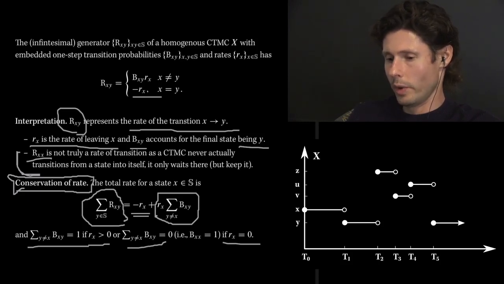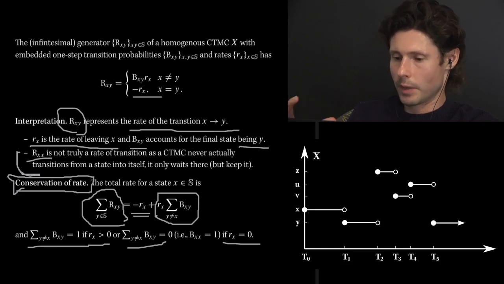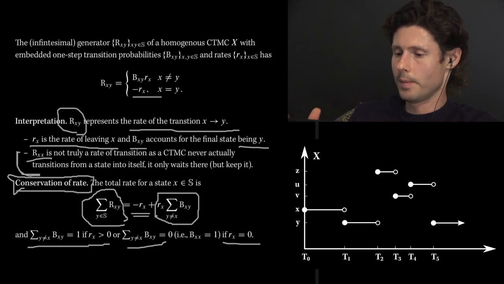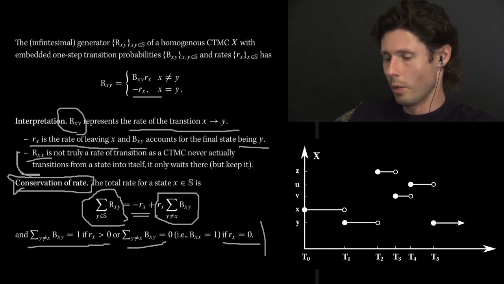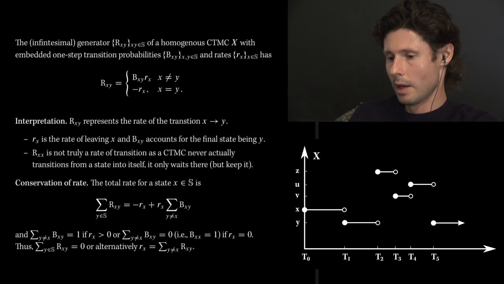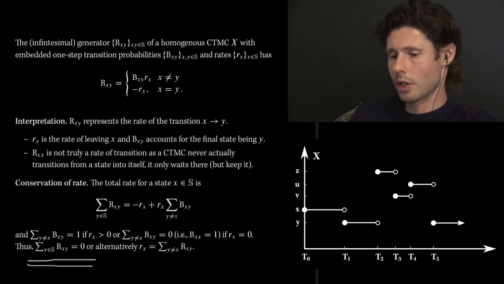This has to do with the fact that the embedded chain can only have a self-transition when the rate for that particular state is 0. We've looked at this calculation, or this definition of the embedded chain, a few times. Whatever the case may be, you get the following conservation law: the sum over the rates R_xy over y is always 0. So this is a conservation law for the rates.